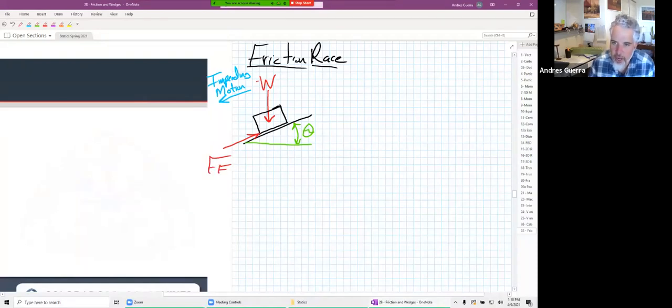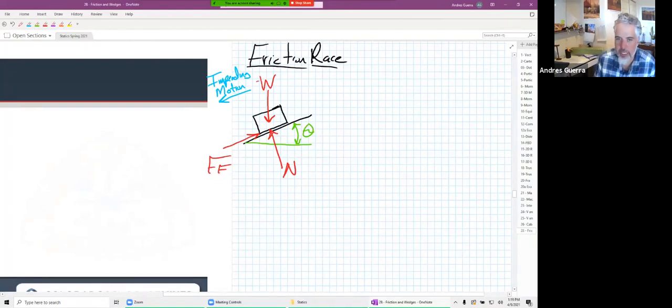And then we'll also have a normal force that's acting between those two objects, right? Between the surface and the mass that's going to be sliding down there. Now, we could look at our equilibrium equations, but there's a material property that really controlled it.